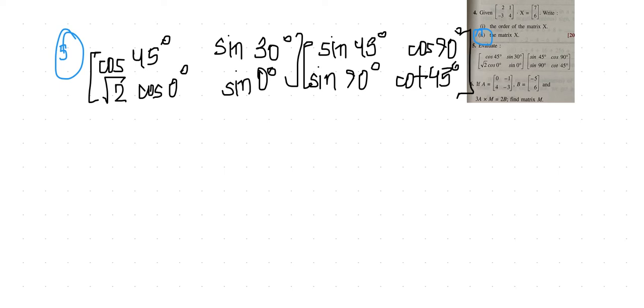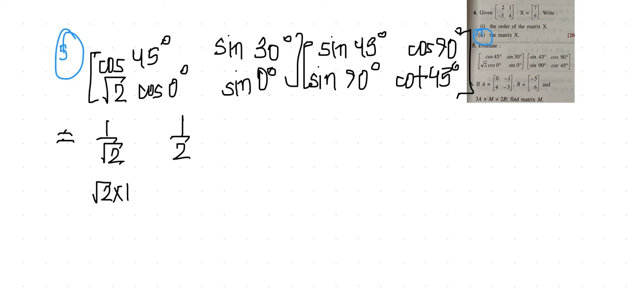So write down how much is cos 45 degree, children. Cos 45 degree, if you remember, is equal to 1 upon root 2. So first we'll be writing down the values and then I'll be doing the brackets. 1 upon root 2, and then sin 30 is equal to half. Cos 0 is equal to how much, children? 1. So root 2 into 1.